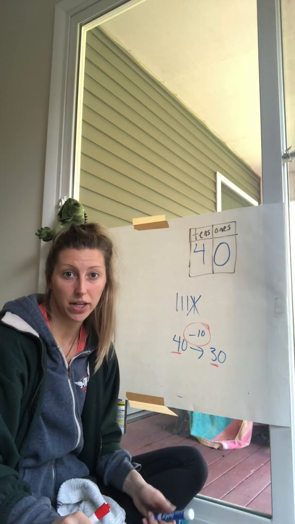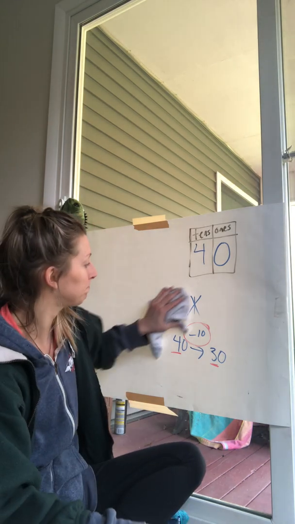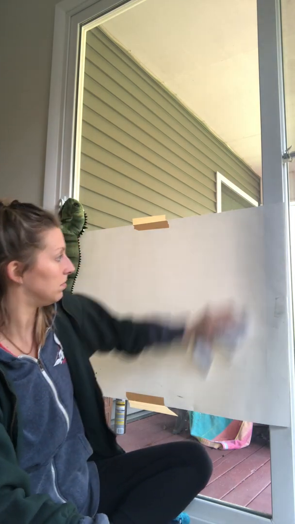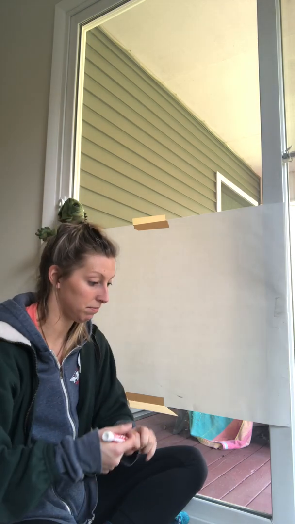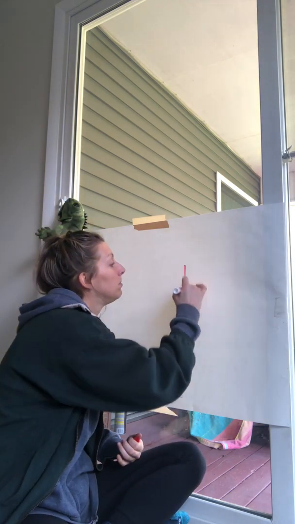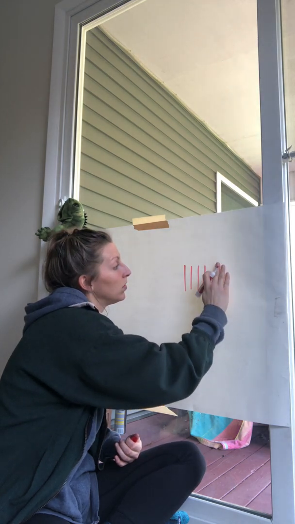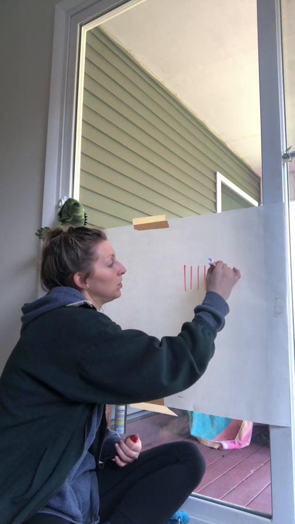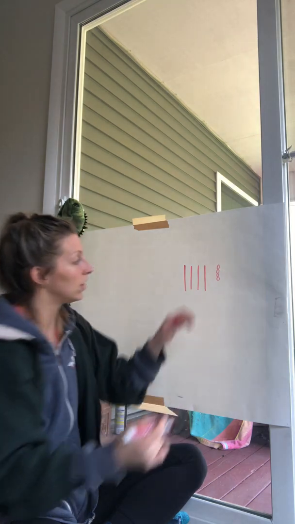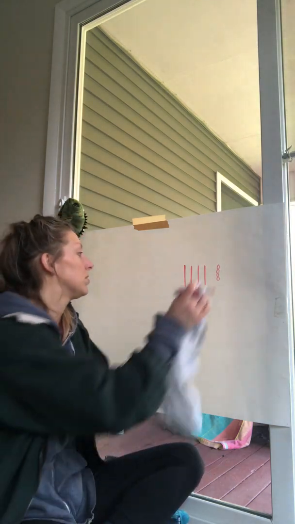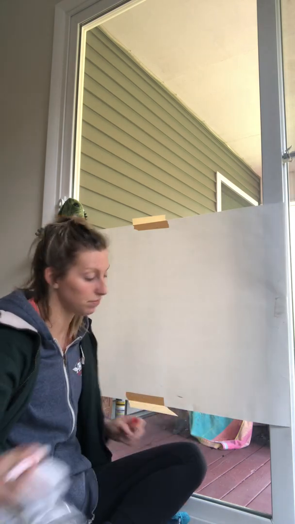I am going to play a little game with you right now. Okay, now, I am going to have my number up here. Let's do 1, 2, 3, 4. Okay, so I have 4 circles, and I have, oops, sorry. Let's make it a little bigger so you can see.